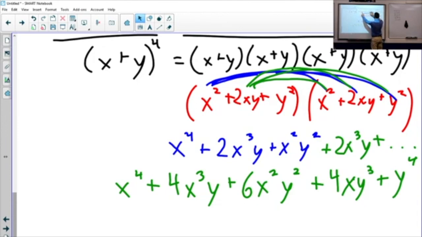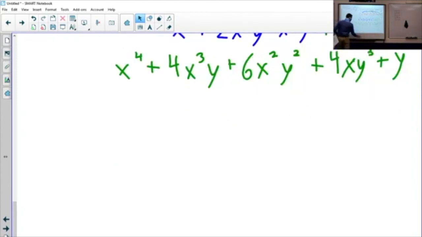I could have x times x times y times x. I could have x times y times x times x, or I could have y times x times x times x. So how many different ways could I select one of the y's out of the 4? 4 of them. Then my x squared y terms is selecting 2 of the y's out of the 4, which is 6. So really, I am choosing how many y's to multiply together out of that group.